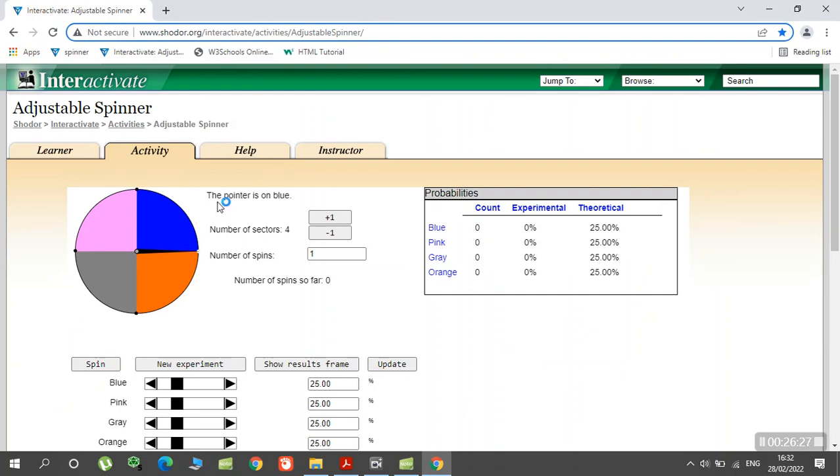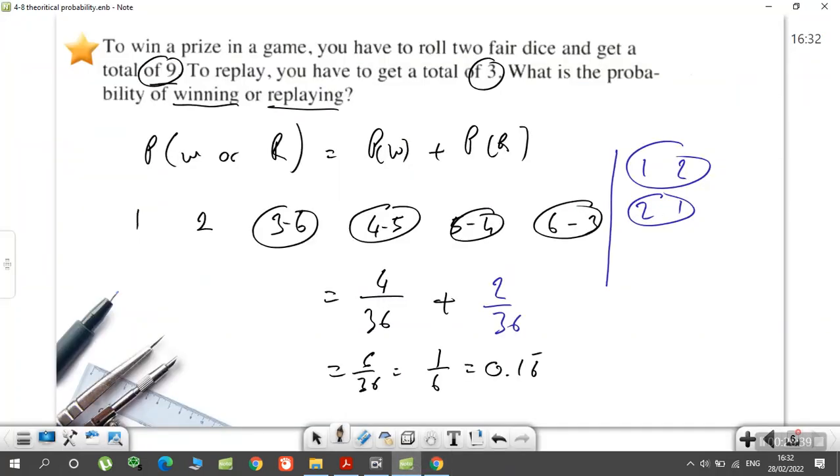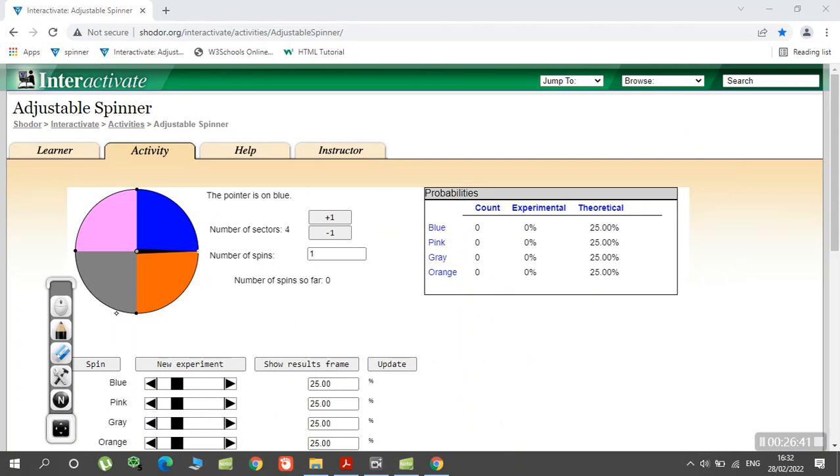Okay, there's a spinner, but directly you can say the theoretical probability of blue is 0.25. Let's choose that one to write on the screen. That's 1 over 4, which equals 0.25. When we talk about theoretical probability, the probability of one color is 1 sector over 4 sectors. 1 over 4, 0.25.